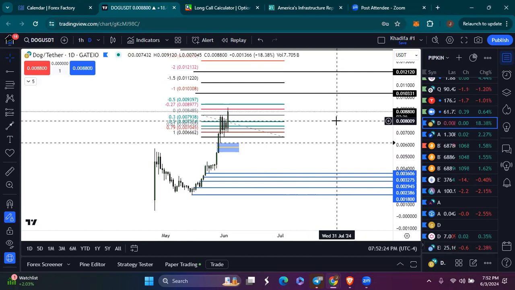Now, I'm not going to hold to $1 because everybody's saying that they're going to hold to $1, but most people are going to be getting out of their positions at around 70, 80, and 90%.